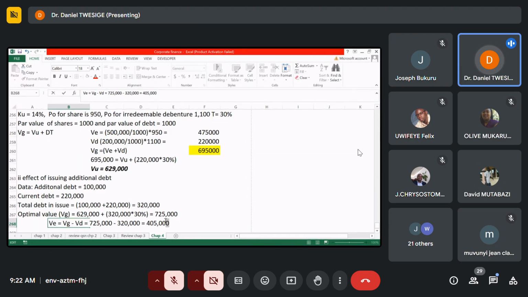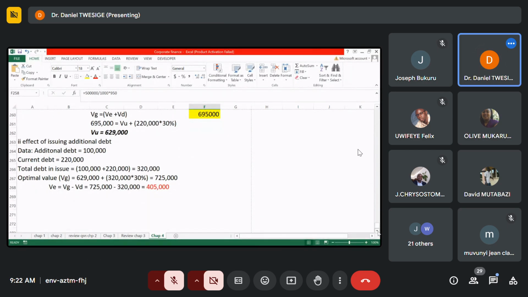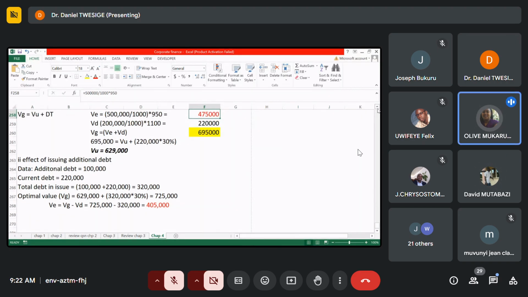Because the question is asking us the effect, look at this. What's the effect of issuing additional debt on your value of equity? The value of equity is decreased. Is it decreasing by 70 million?